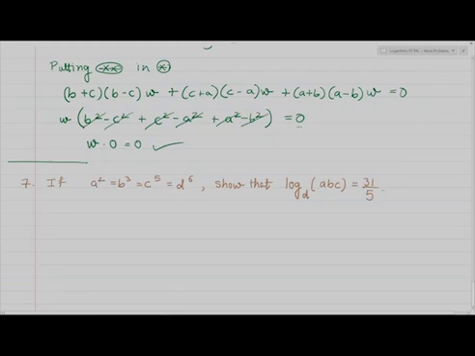Okay, this is interesting. Now again, since everything is equal, I will put this equal to some constant. a square is equal to b cube is equal to c raised to 5 is equal to d raised to 6, equal to say some k, and then I will start solving the problem.